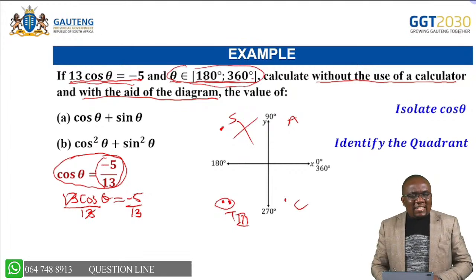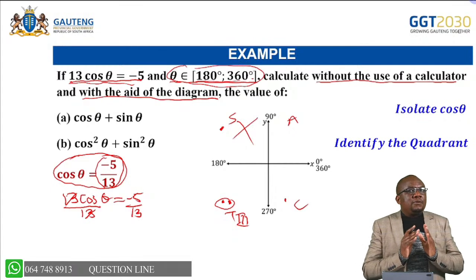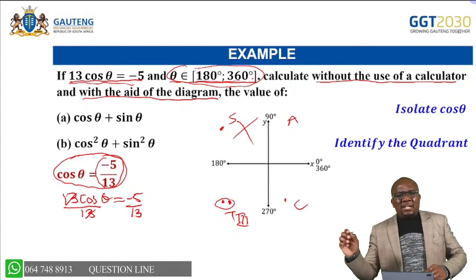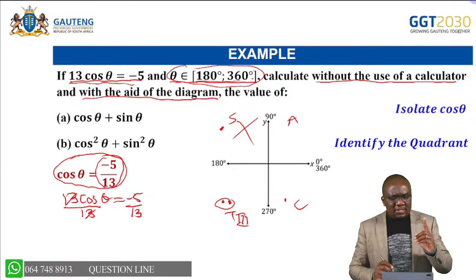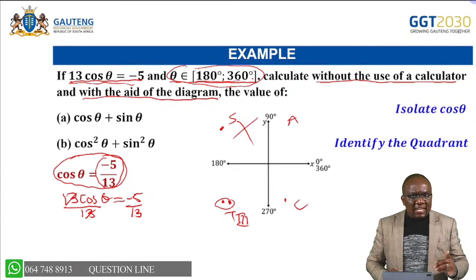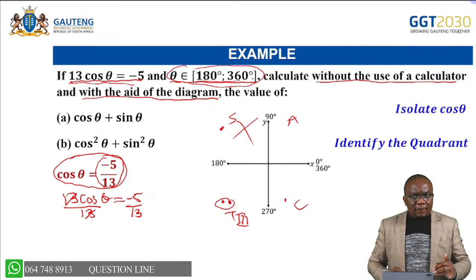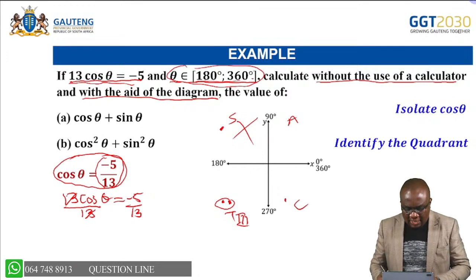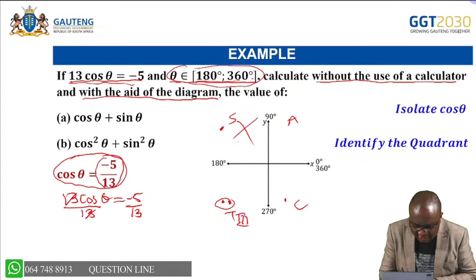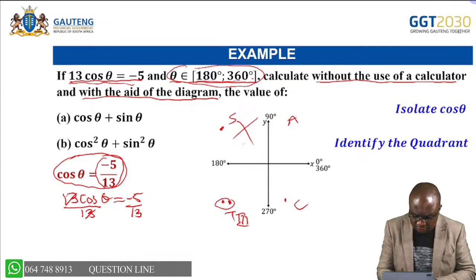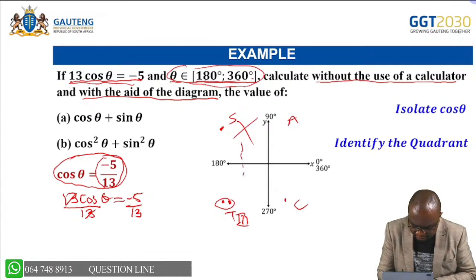To draw your terminal ray, there's an easy way because people get confused. They end up joining the line to the y-axis. Just draw this. We can call it a butterfly or a bow tie. We all know those things, isn't it? Right, so you draw your butterfly nicely. I'll give you time to draw.